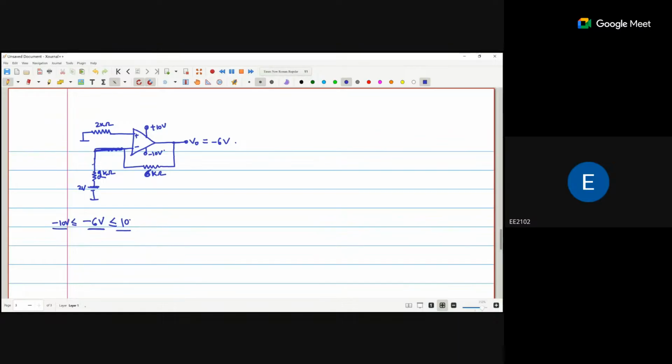So the output voltage is minus 6 volt, which is 4 volt above the lowest possible output voltage. The lowest possible output voltage is minus 10, and the highest possible output voltage is plus 10.